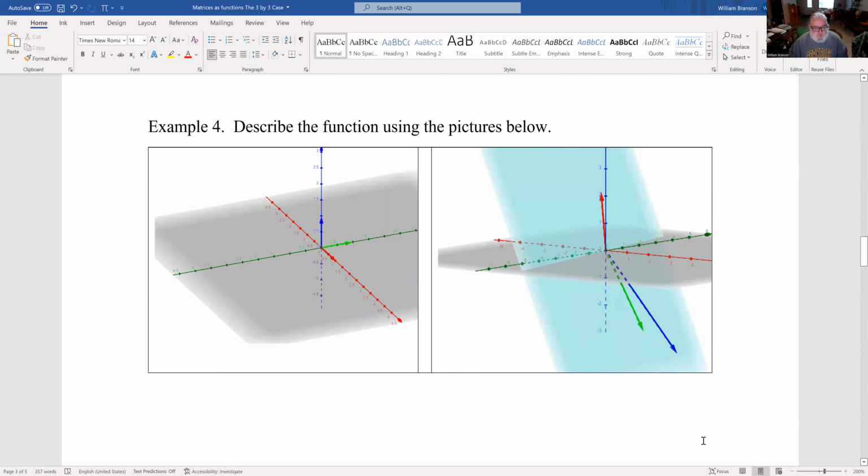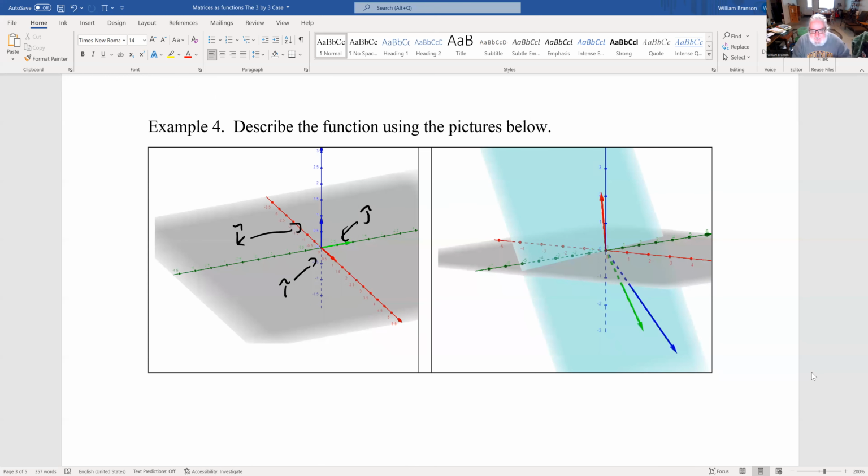So here's the function, red, green, and blue. These are our basis vectors in 3 dimensions, and these are the images of the three of them over there. Red is i hat, green is j hat, and k hat is blue.